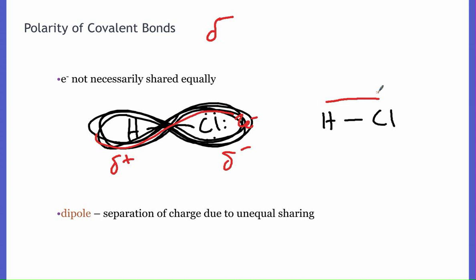Usually I draw an arrow pointed towards the side that's negative, and I'll just put a cross on that other side because that's where the positive is. So you can actually choose either or, right? So don't do them both. It doesn't actually make sense to do both of them all the time. But you can choose to use these labels over here, that partial positive, partial negative, or you can draw that arrow that represents the same thing.